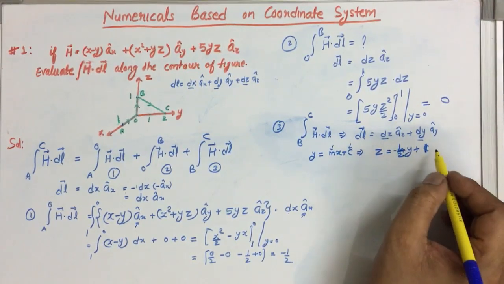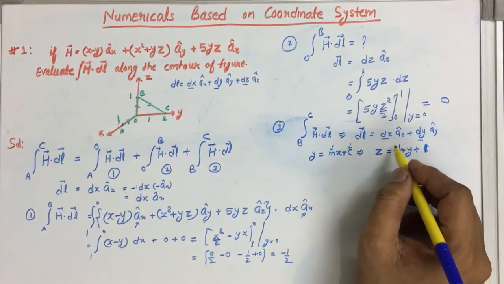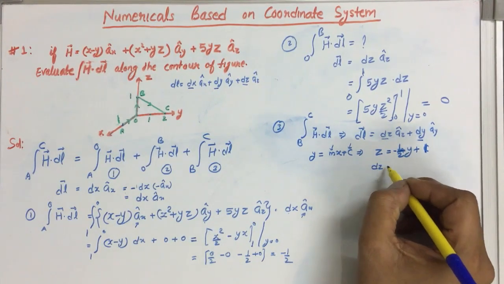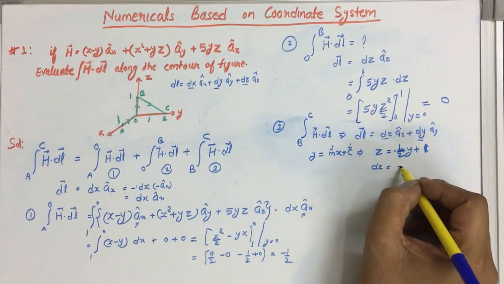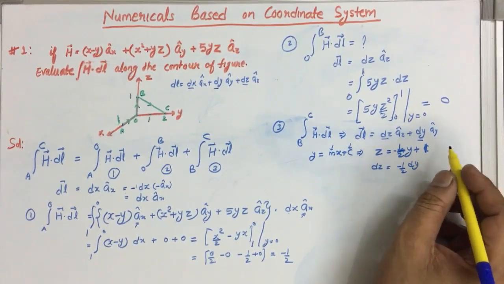Hopefully it will be okay. So z is equal to minus half y plus 1. Now try to find dz, differentiate: dz is minus half dy, and the differential of the constant will be 0.